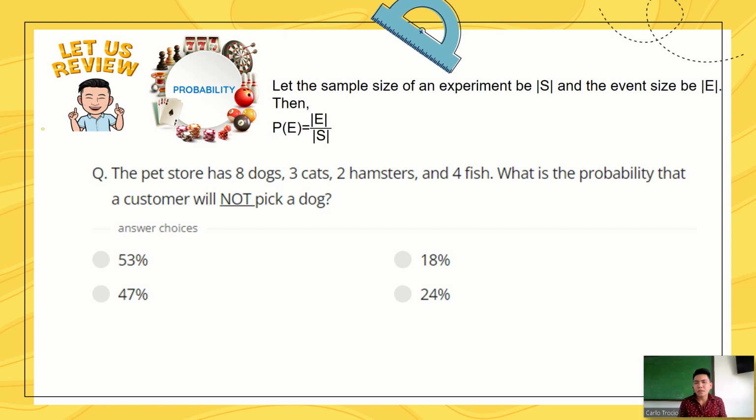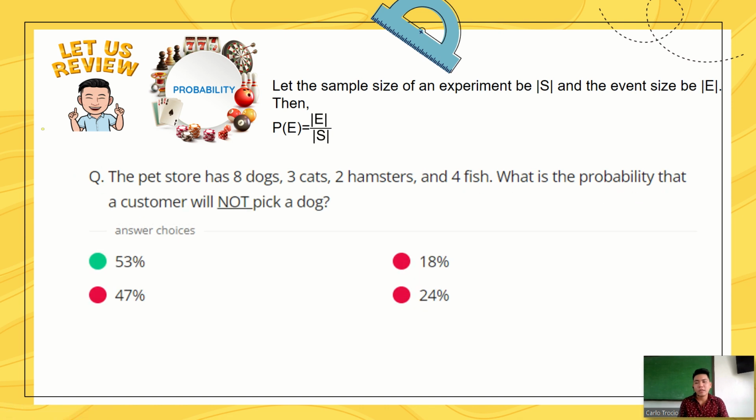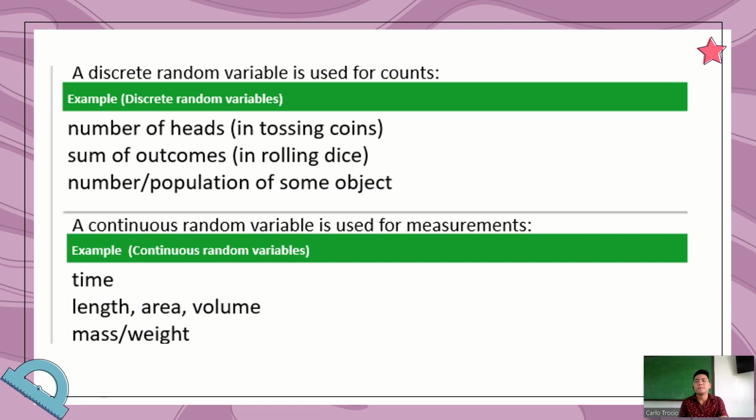So you will have 9 over, you're going to add 9 plus 8, that is 17. 9 over 17, that is 0.53 or 53% multiplied by 100. Okay, let us now proceed to another concept.